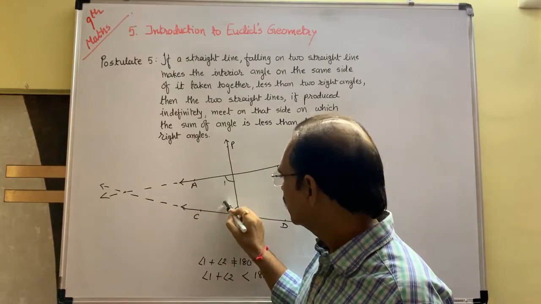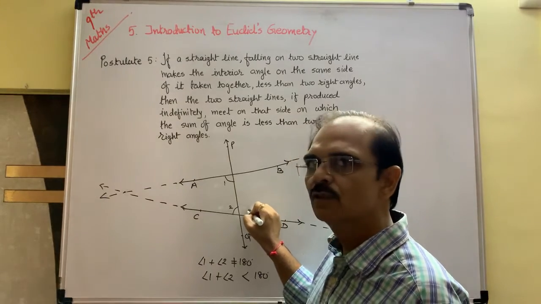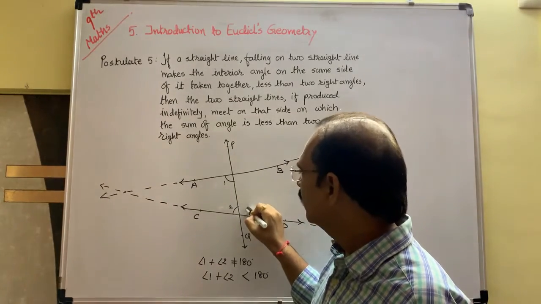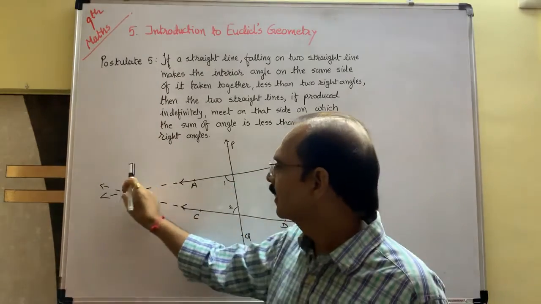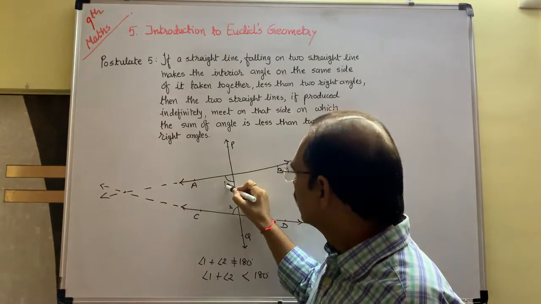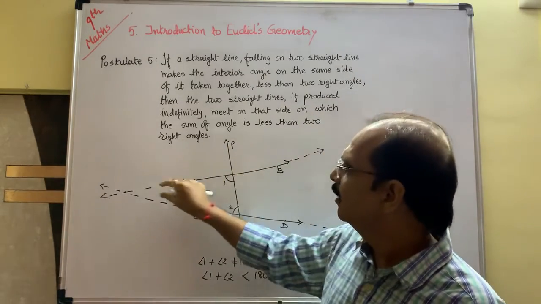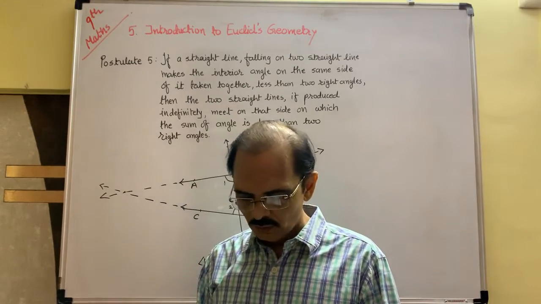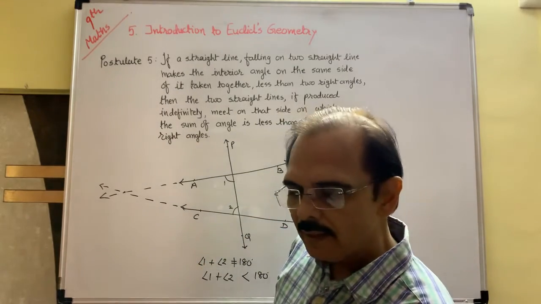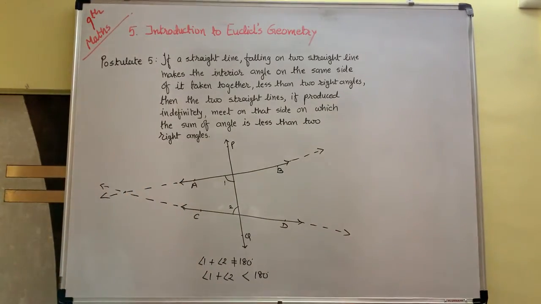Suppose this is also 60 degrees, then it will be 120. So 120 plus 120 is 240. So the sum of these two angles is more than 180. That's why they do not intersect here, but they intersect here. Why? Because on the side on which the sum of the angles is less than 2 right angles, they meet. Okay, so from these many definitions and postulates of Euclid, write this down, afterwards I will rub it.